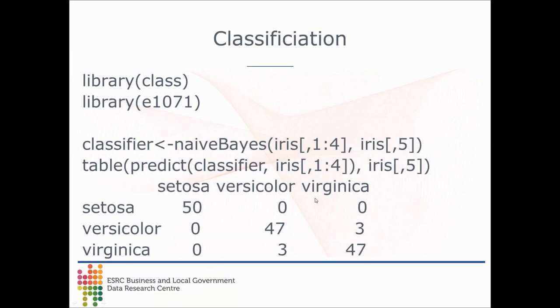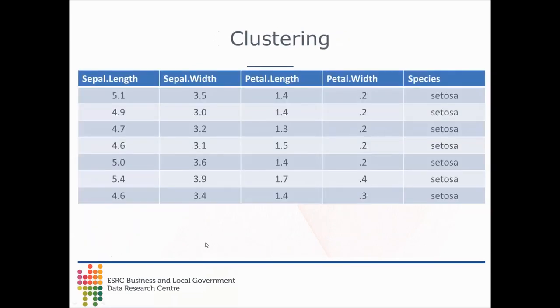And we've got basically the numbers that are associated with them. If you can remember, the Iris data set here has the sepal length, sepal width, petal length, petal width, and also the species.